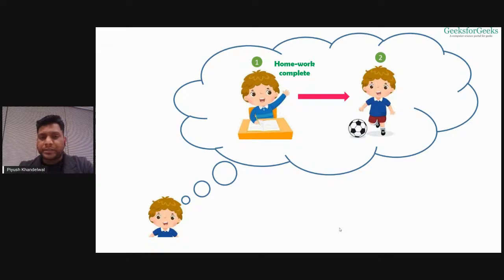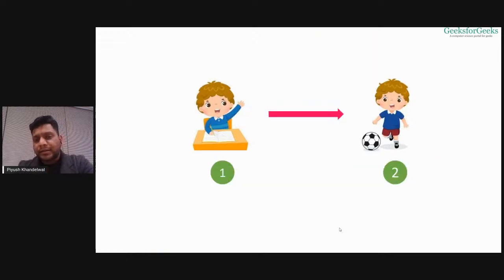In the real world, tasks or events depend on certain conditions. Here, the second event, going outside to play, depends on one condition, which is the completion of homework. If the homework is complete, then you will go out to play. If those conditions are fulfilled, then only the activities or events take place.